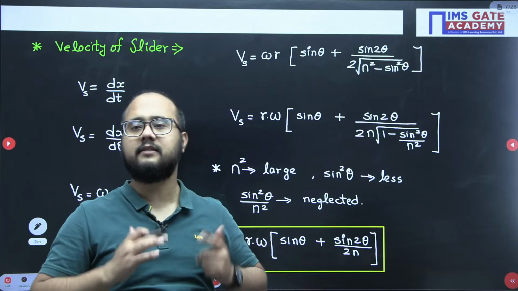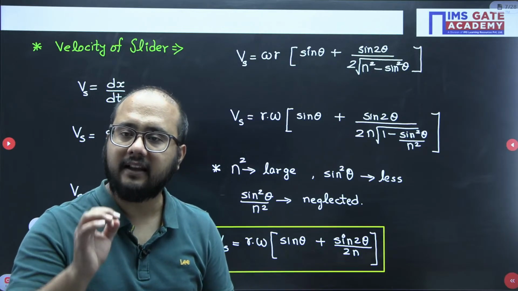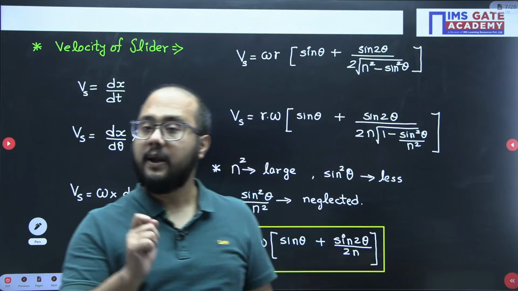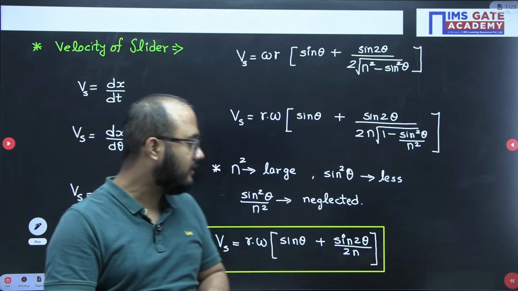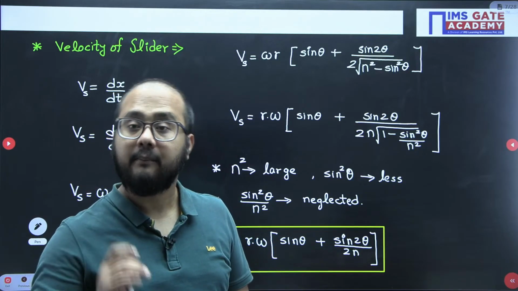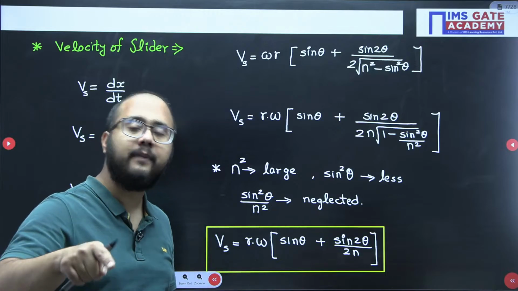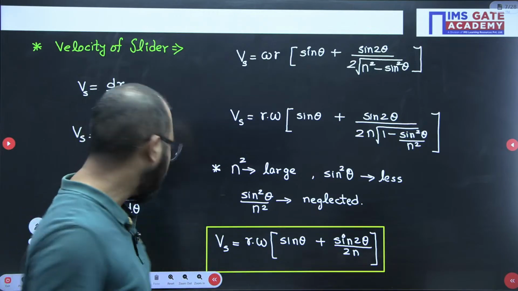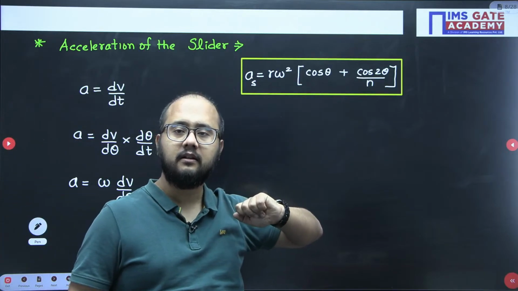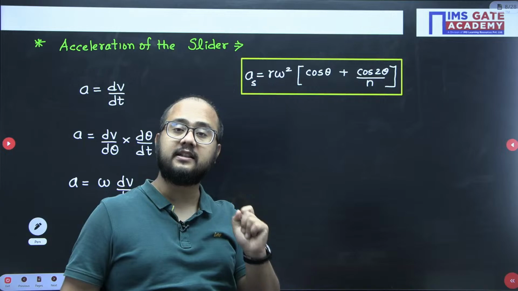That's why it is called as dead center, because at that point slider velocity becomes 0, right? So important point that we need to remember here is velocity of a slider becomes 0 at the dead centers, but acceleration is maximum at the dead center only, right? Because if you put theta value 0 here, you will get maximum acceleration. Okay, so this thing you should remember always.